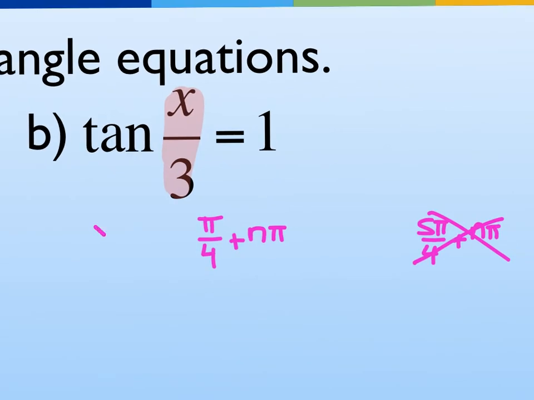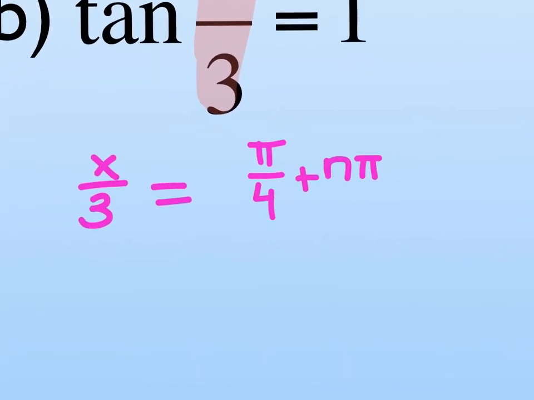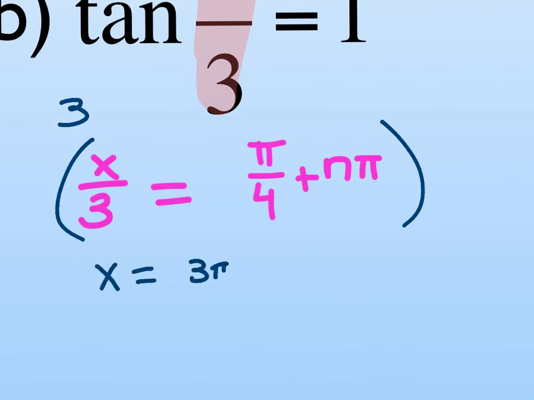Okay, but x over 3 equals this, right? Not just x. So to both of these, I'm going to multiply everything by 3. I get x equals 3 pi over 4 plus 3n pi. I have to multiply everything by 3. So if it doesn't ask me for an interval, I'm done.